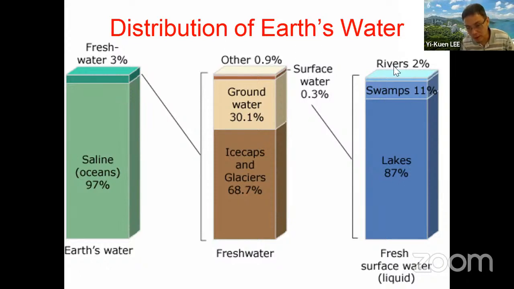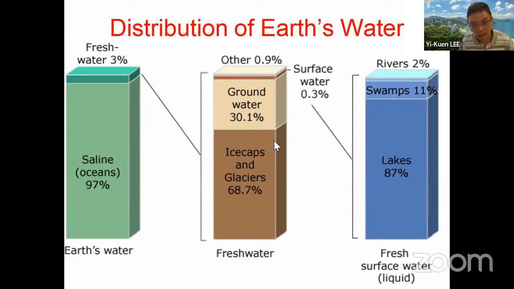It's quite important to look at this ratio. That 0.9% is divided into lakes, swamps, and rivers. This gives you a good understanding: only a very small percentage of water we can use, and a lot of water is useless.